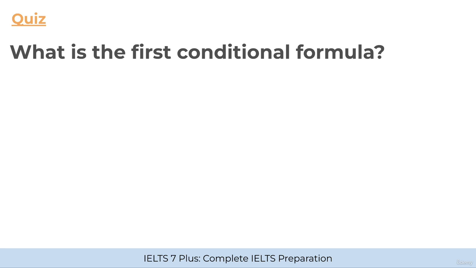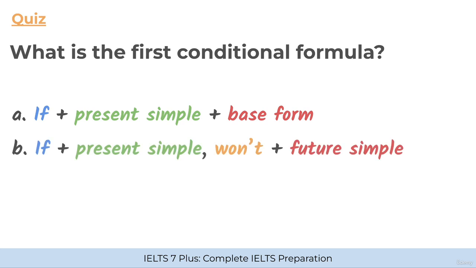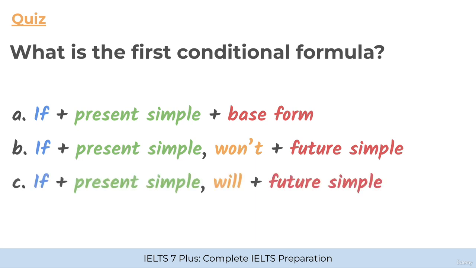You probably guessed what was coming next, the first conditional formula. This is a bit more complex, this one. So is it if plus present simple plus base form of the verb? If plus present simple, won't plus future simple? So we've got a contracted form of will not there, won't. If plus present simple, will plus future simple?